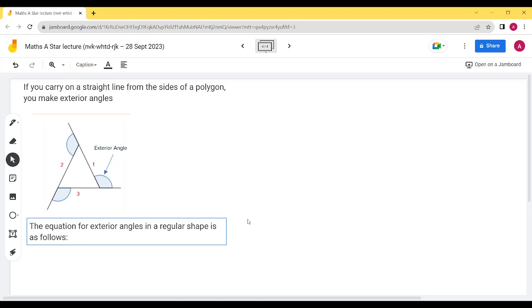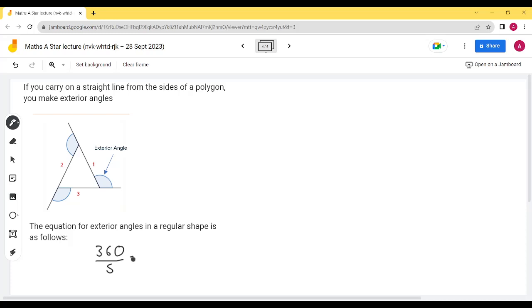And it's got to be in a regular shape for this to work, so that they're all the same. 360 divided by S equals the exterior angle, where S just means the number of sides.